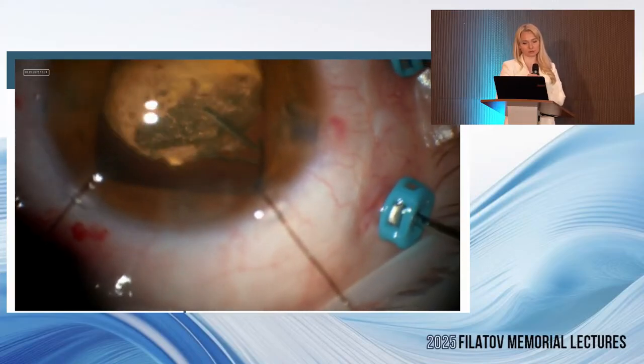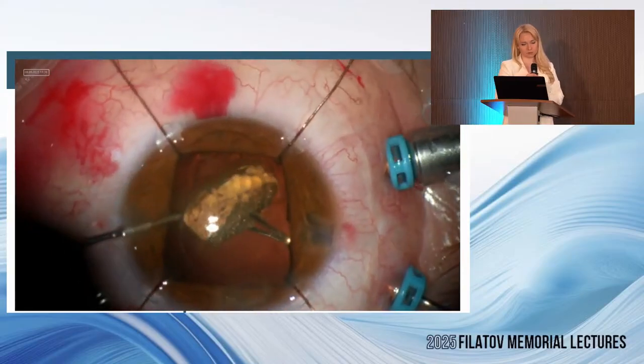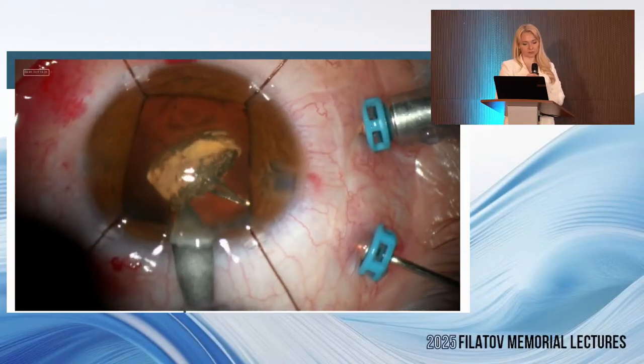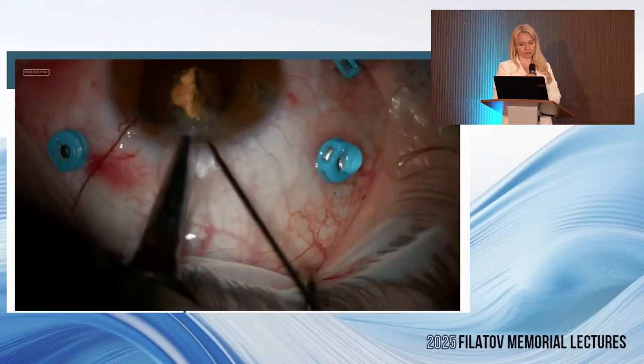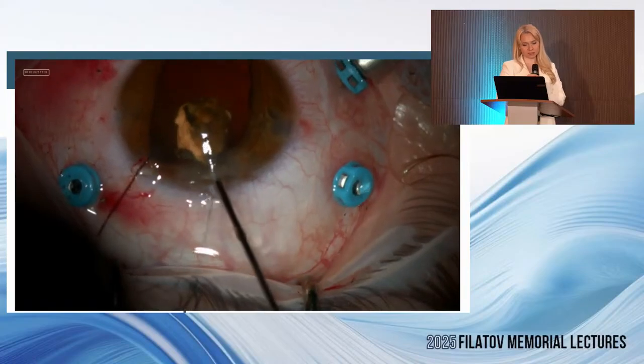So in order to remove it from the fibrin tissue, we're elevating it slowly and inserting viscoelastics to protect the corneal epithelium. The test of cornea should be performed in order to check its status.